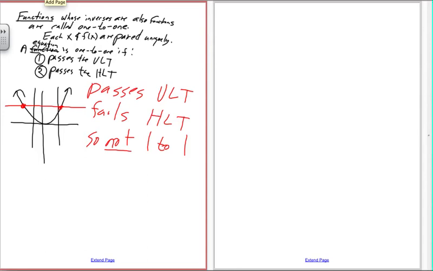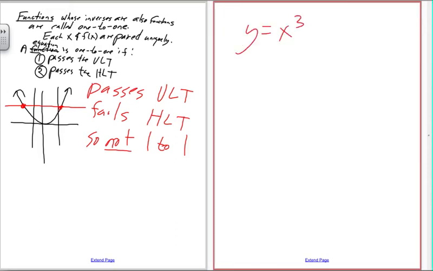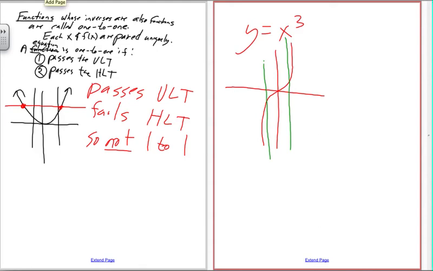Let's take a look at one that is. Y equals x cubed. Parent function for a cubic. This guy looks like this. Okay. Well, it's going to pass the vertical line test. But even more than that, it's also going to pass a horizontal line test.